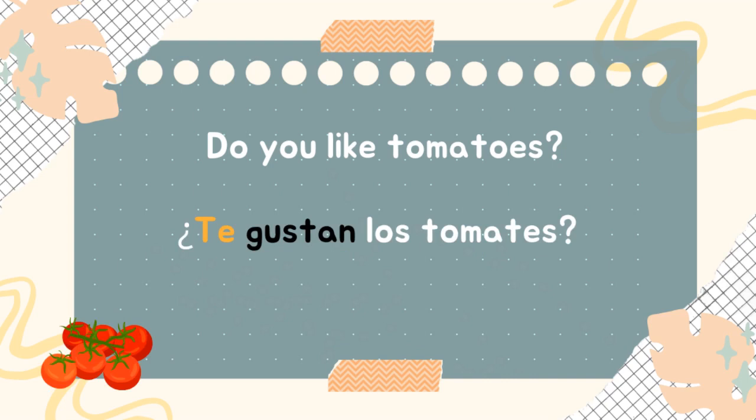We know that it's being done to you because we're asking you if you like the tomatoes. So we replace you with te, and we're talking about tomatoes, so we know it's plural. So we use gustan. ¿Te gustan los tomates? ¿Te gustan los tomates?